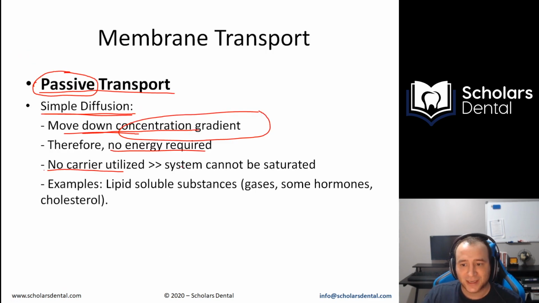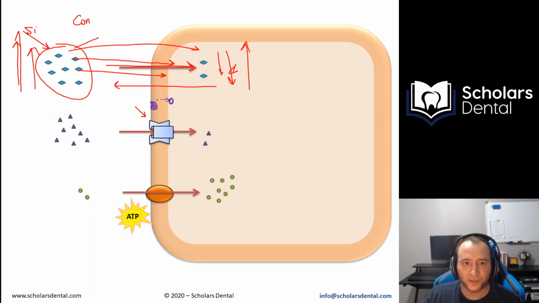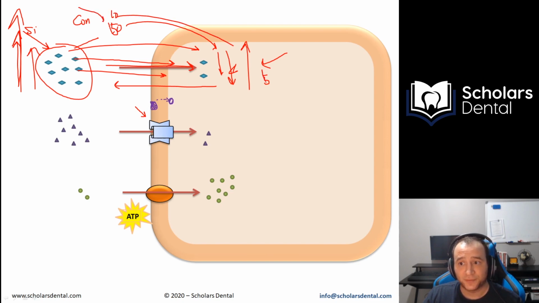This means it cannot be saturated. What does that mean? The more I give on this side, the more will appear inside. If I give 10 here, then 5 of them will go in to balance it out. Now you have 5, 5. If I give another 10, it'll keep increasing. Now you have 10, 10.